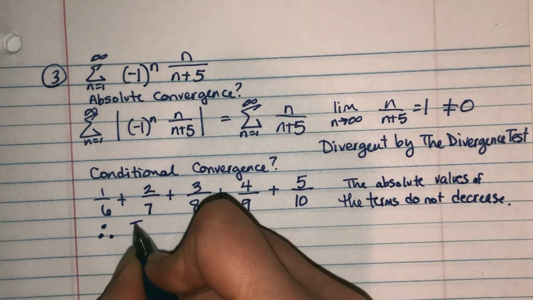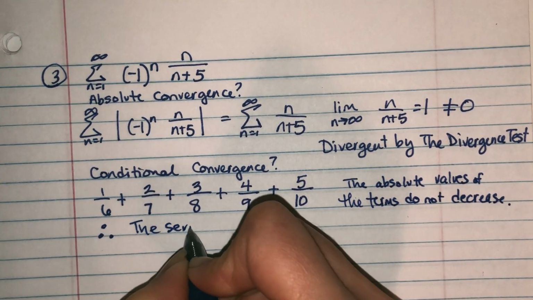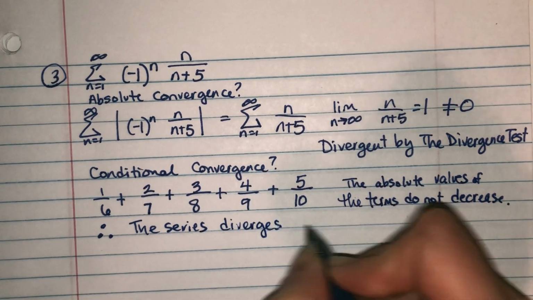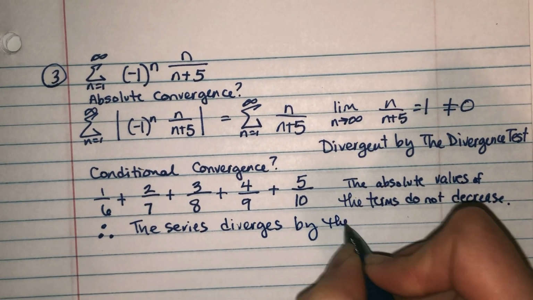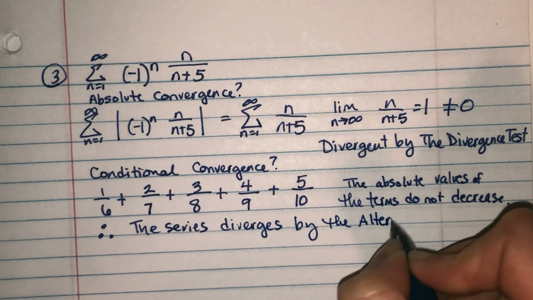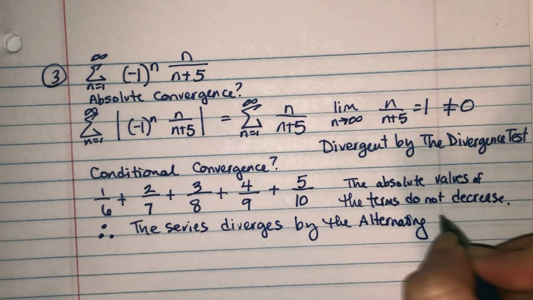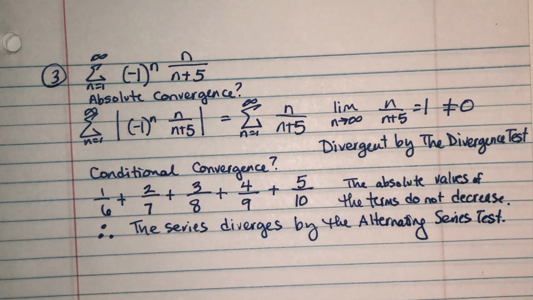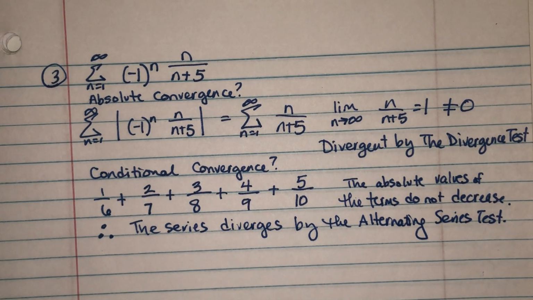Therefore, the series diverges by the alternating series test. We don't even need to check the limit because the first condition for conditional convergence fails. So it is a diverging alternating series.